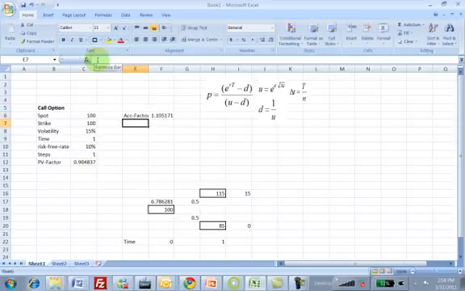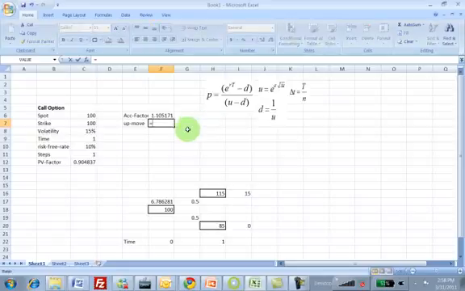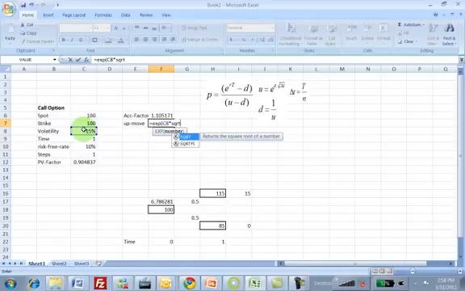And then I need to calculate U, which is the up move. And the up move, as you can see, the formula is right in front of us. The up move is simply EXP raised to the power volatility, which is sigma, into square root of time, which is 1 times step 1.